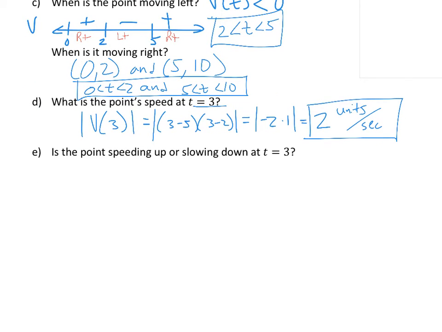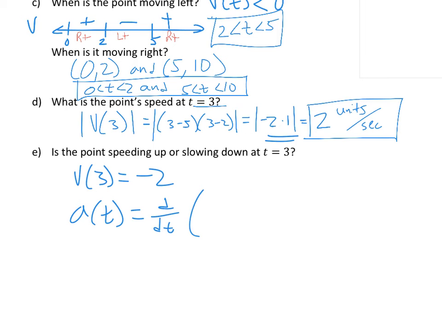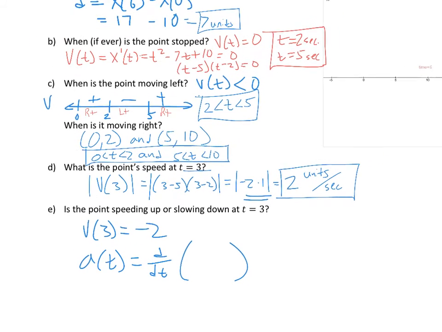Then last thing, is it speeding up or slowing down? Well, the velocity at 3, we kind of just found out there. This is the velocity, negative 2 times 1, so it is negative 2. But what's the acceleration? Well, the acceleration function, let's find that. So we've got to find the derivative, d dt of the velocity function.